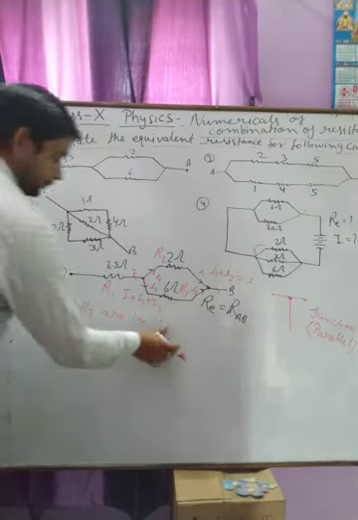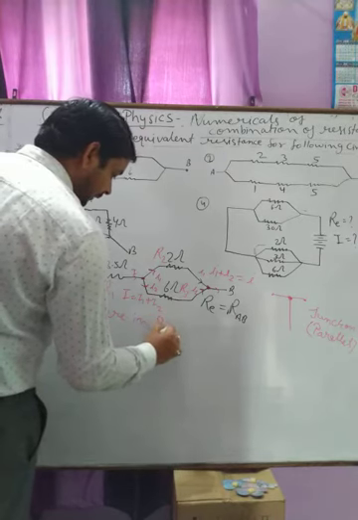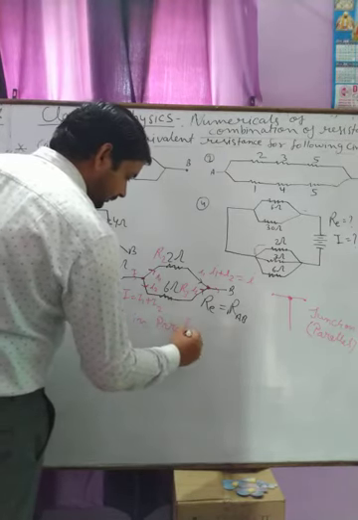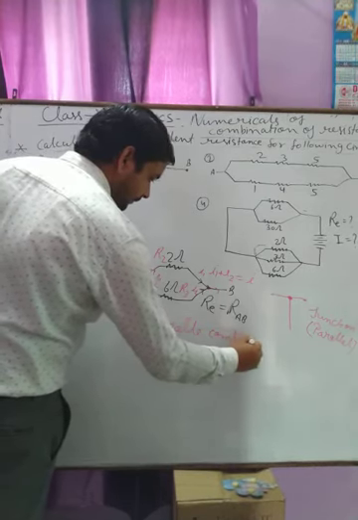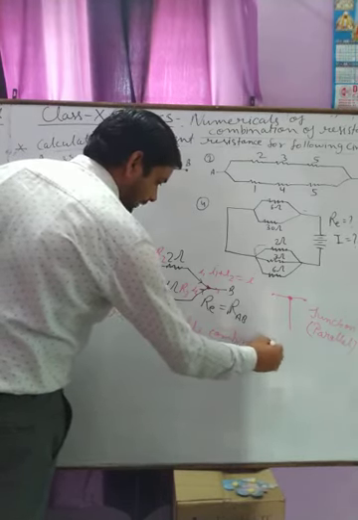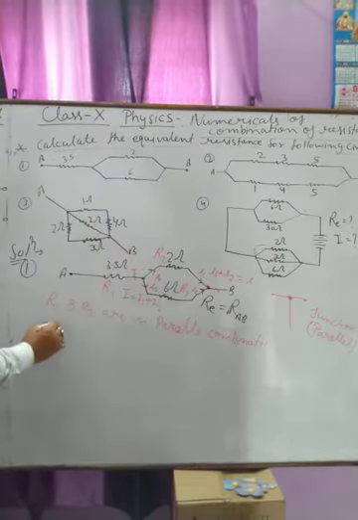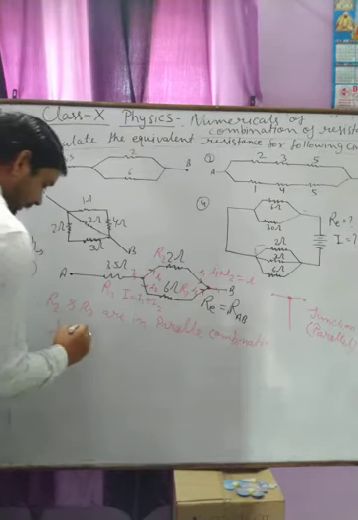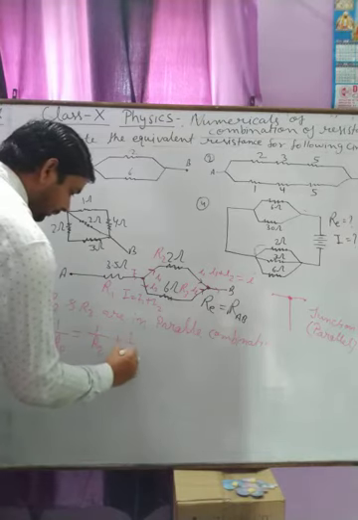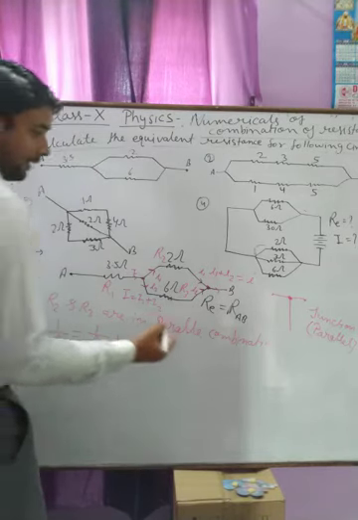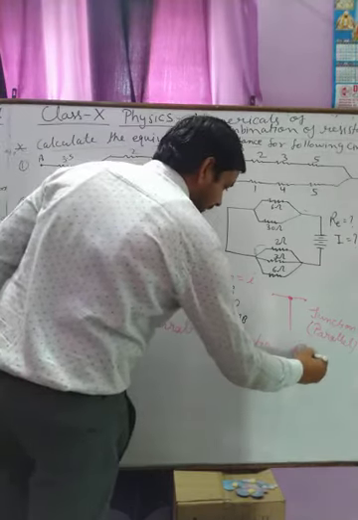Therefore for resistance in parallel combination, 1 upon R_P, we will use R_P for parallel, that is 1 upon R2 plus 1 upon R3. Student, I am giving you the result.